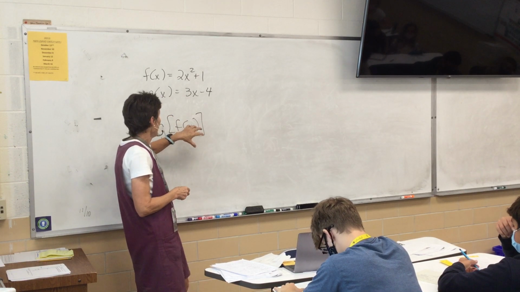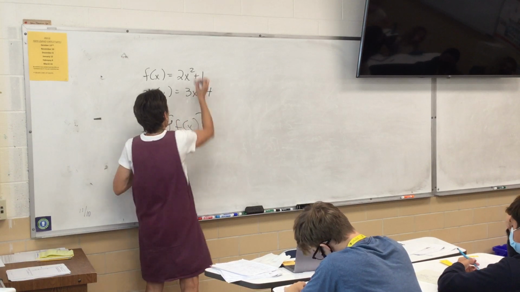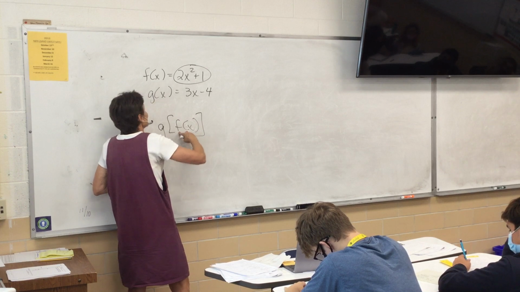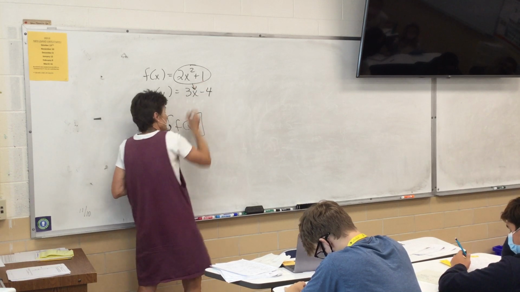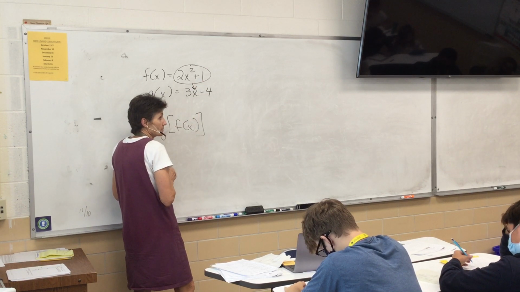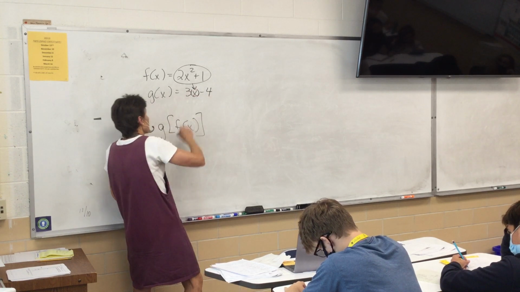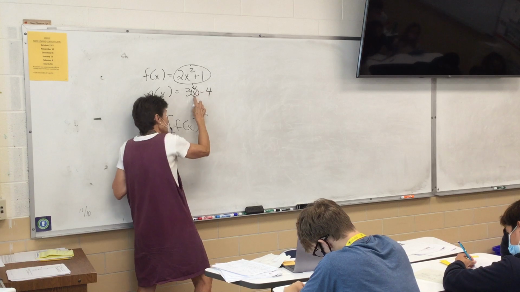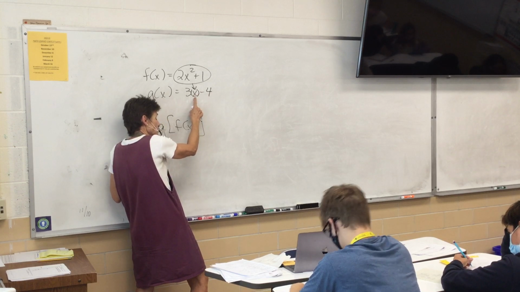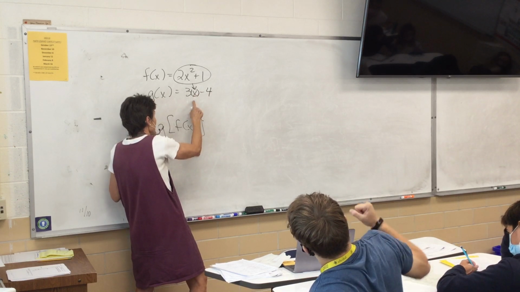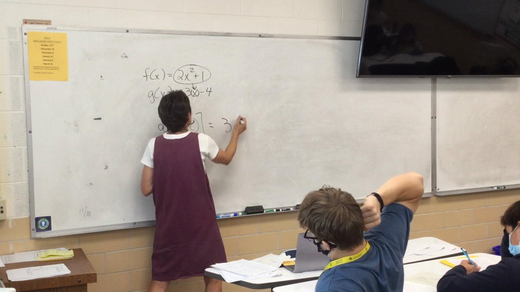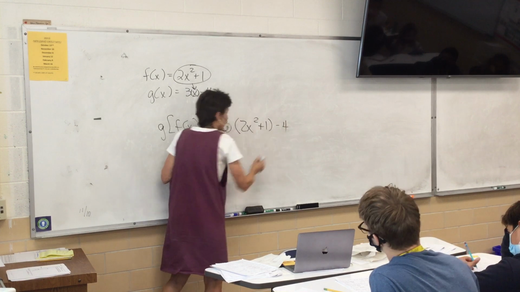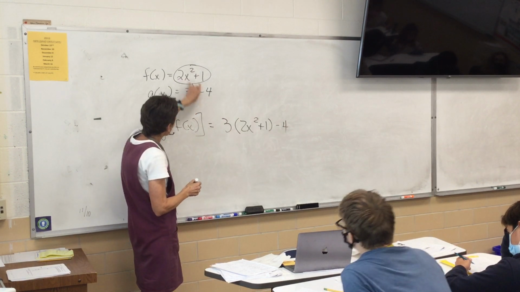He said, plug f, whatever f is, which is what it is, into g. So take the f function and put it in place of x, substitute it into g. So we'll have 3 times 2x squared plus 1 minus 4. This goes right here.